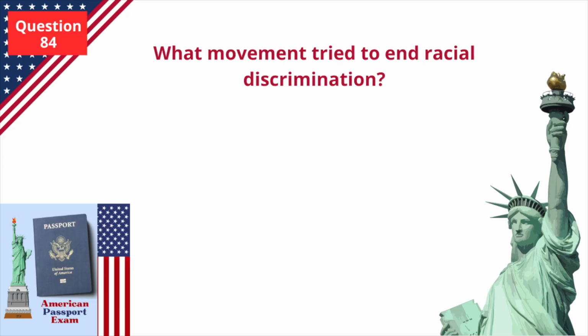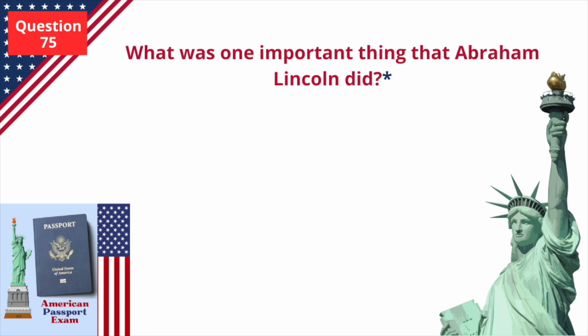What movement tried to end racial discrimination? Civil rights movement. What was one important thing that Abraham Lincoln did? Freed the slaves.